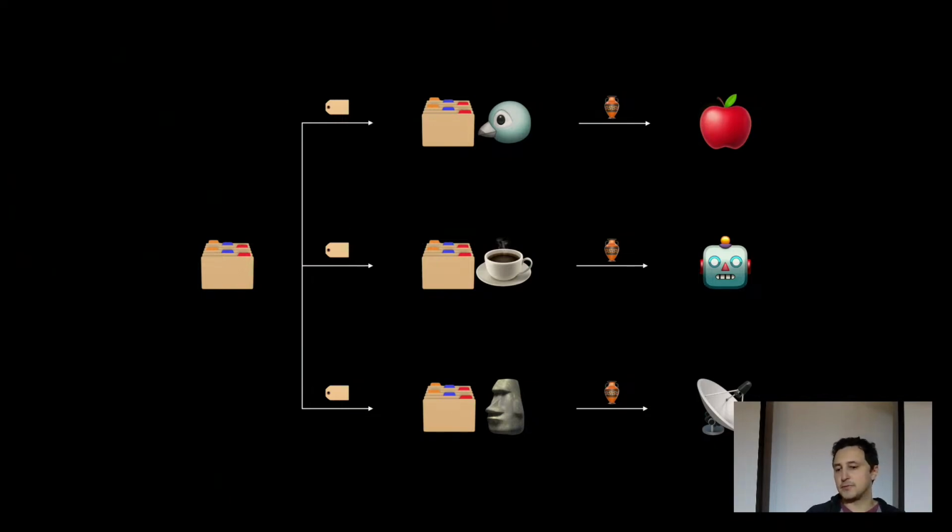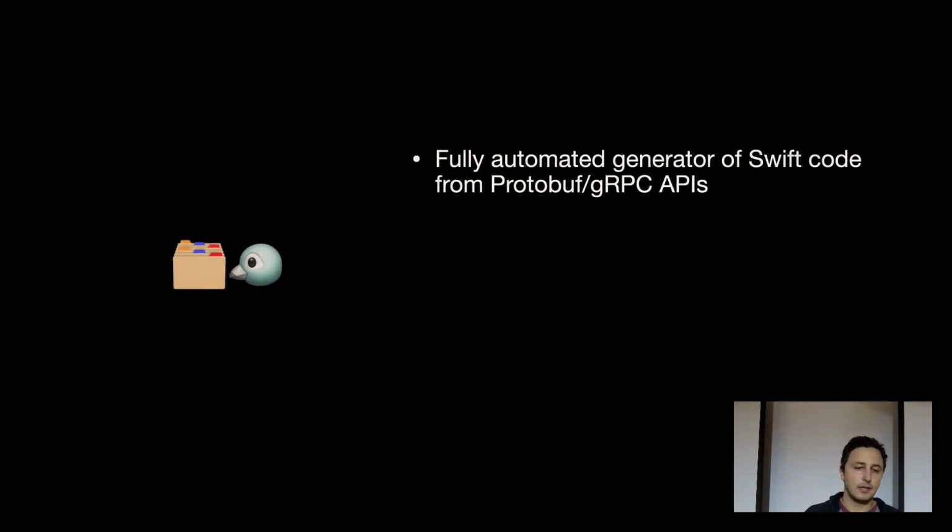APIs Swift specifically is fully automated, and it generates everything in Swift code from our protobuf and gRPC APIs repository, right? It's fully in Swift, specifically for people that use Swift, us. It's Swifty.